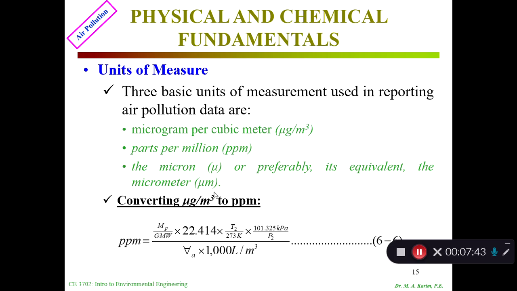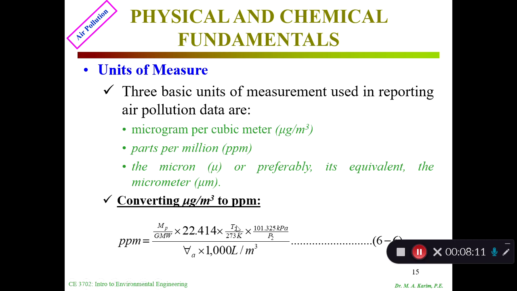So, converting microgram per meter cubed to ppm. We will see ppm is equal to mp, which is the one given in microgram per meter cubed. Then mw is the gram molecular weight, and 22.414 is the number of liters occupied by one gram mole of gas.